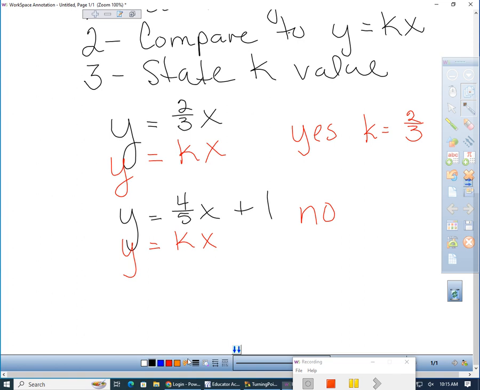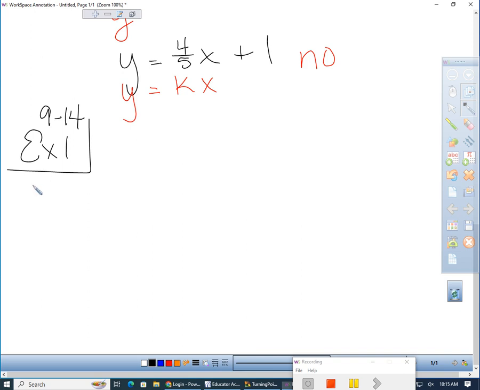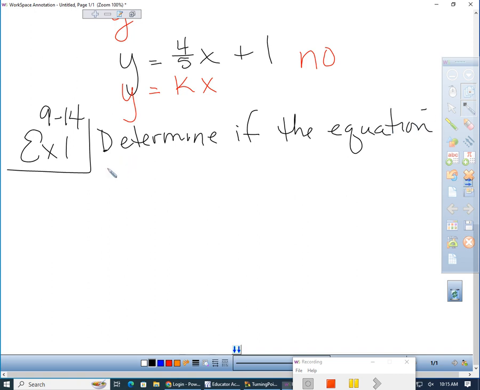So here is example number 1. It's going to cover 9 through 14 since we are doing all today. It says determine if the equation is a direct variation.